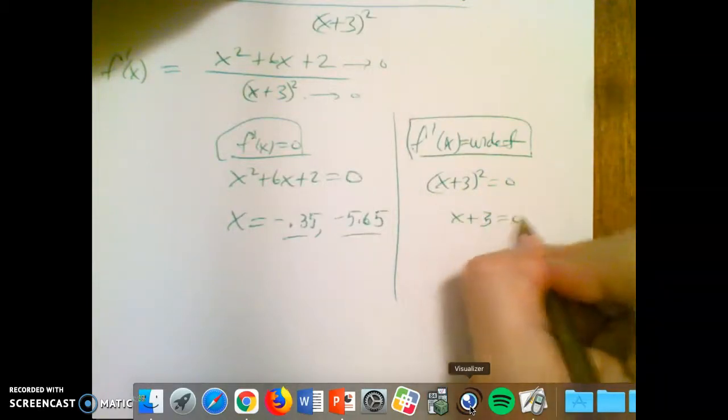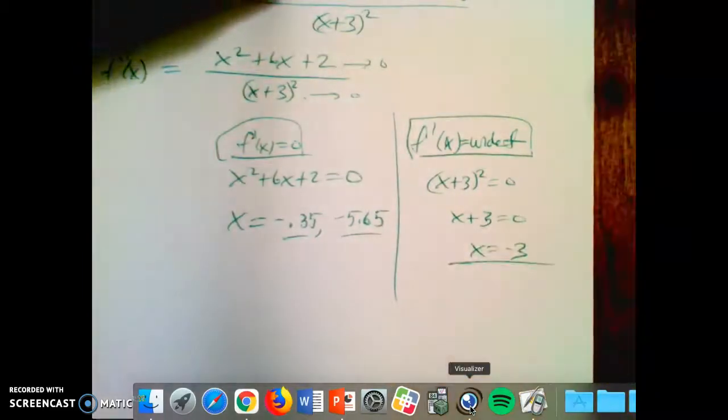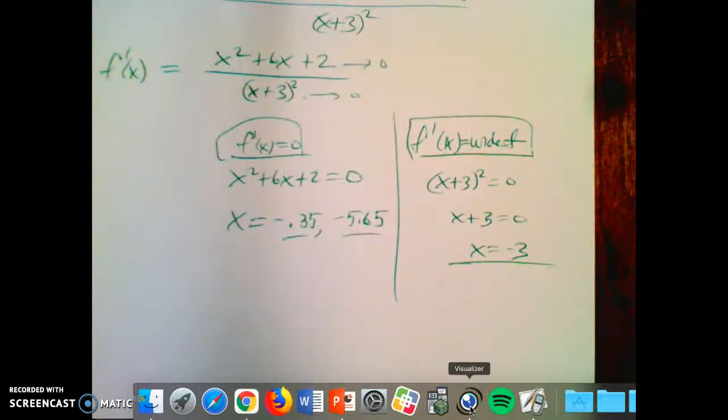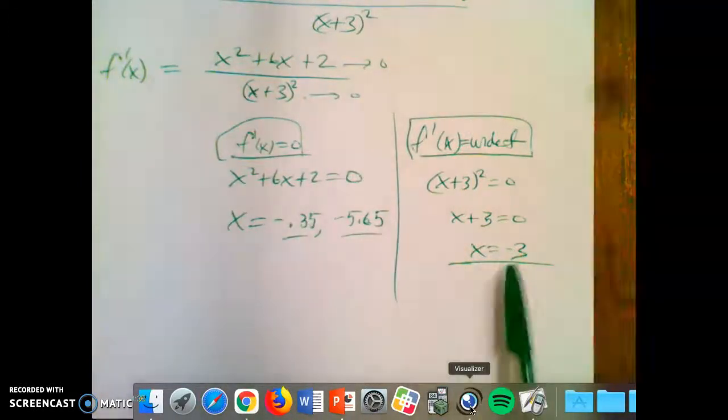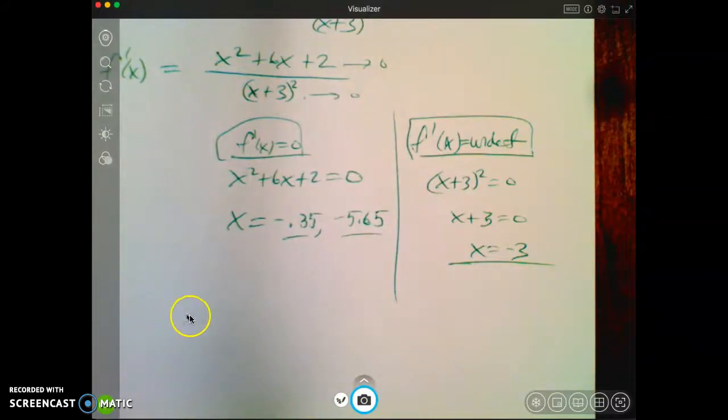Square root of 0 is still 0, and then you move that over, and you say, okay, it's undefined at negative 3. So there could be a max or min here, here, or here. I'd have to use the second derivative test to check. But that's a quick recap of fractions and how you got the top to 0 for this part and the bottom to 0 for that part. Sometimes you get some ugly numbers, and I have to do quadratic formula.